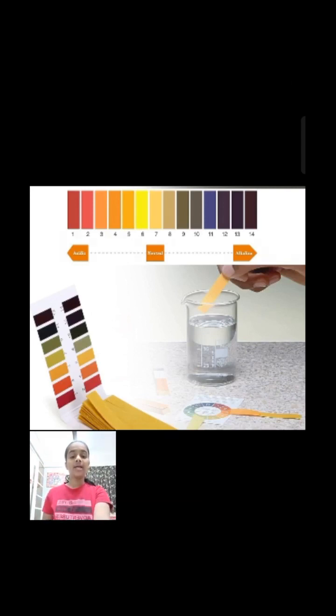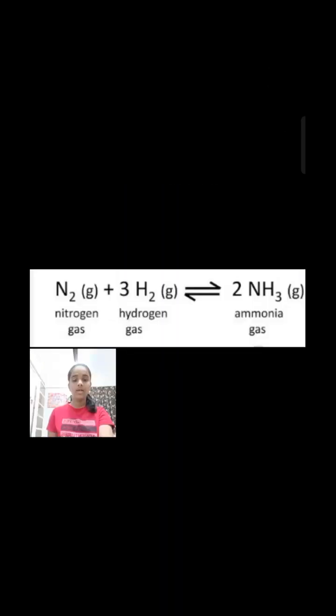Third, reaction with active metals. Hydrogen reacts with active metals like sodium, potassium and calcium to form the corresponding metal hydrides. Now we will see reaction with non-metals. Reaction with nitrogen.